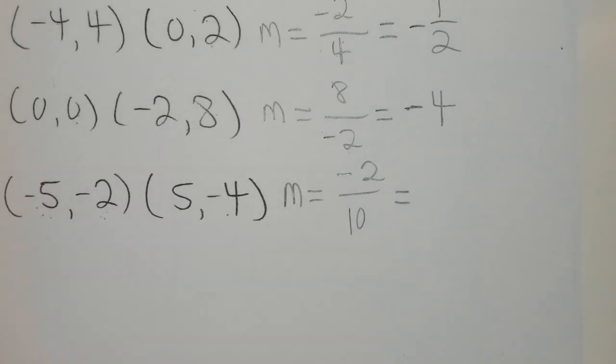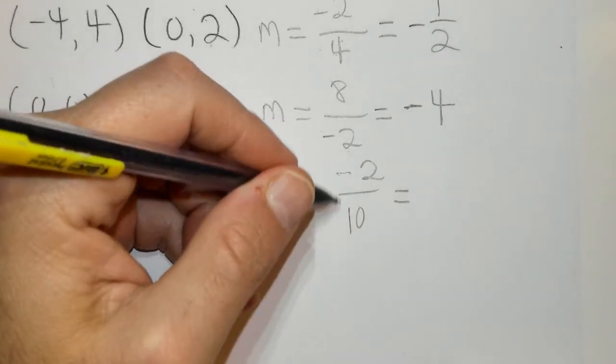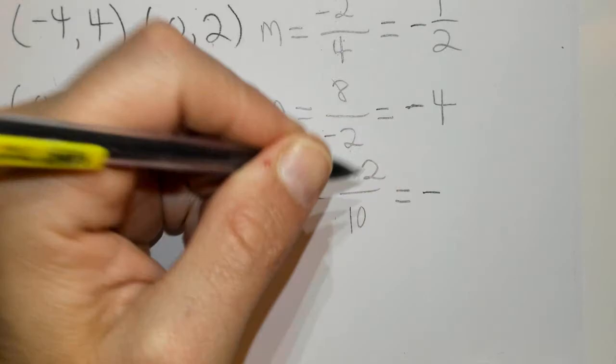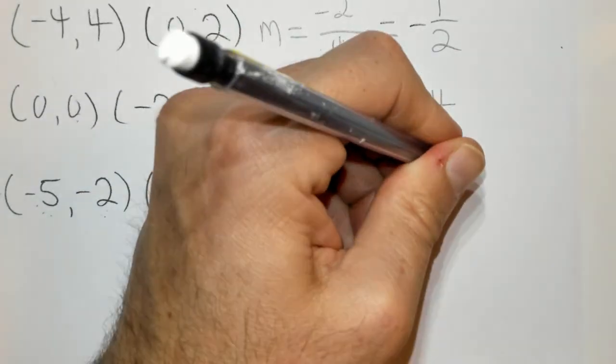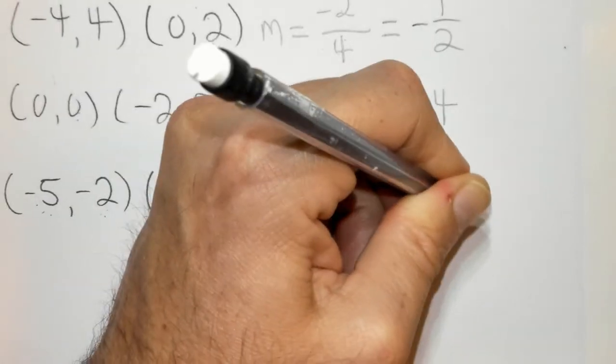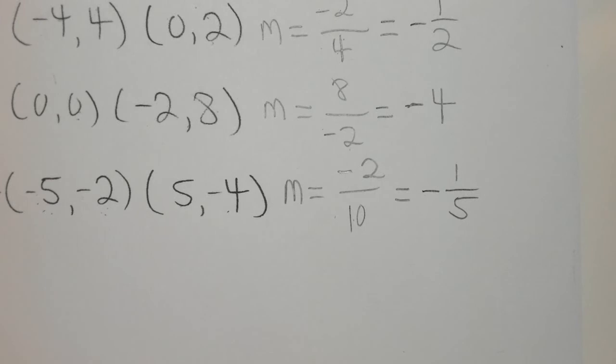Alright, and so from here I've got -2 over 10, so negative divided by a positive is a negative, and 2 over 10 will reduce down to 1 over 5, and so that is my slope.